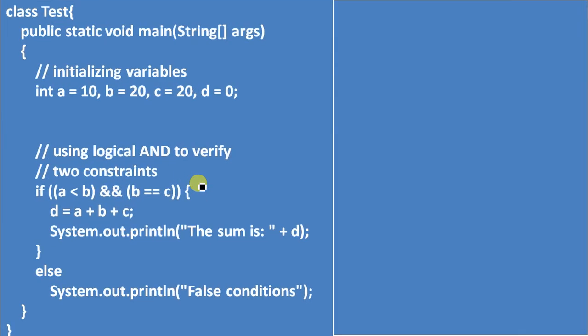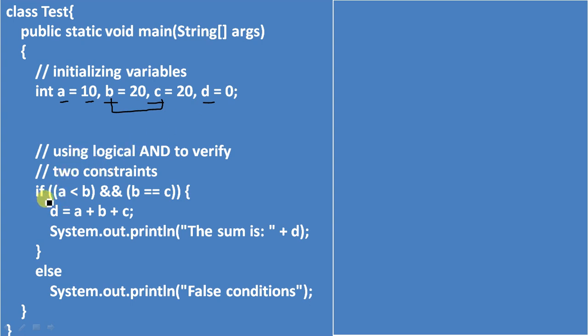Here is a sample example to show the logical operator. Here we are initializing four variables: a, b, c and d. The value of a is 10, the value of b and c is 20 and d is 0. So let's check.